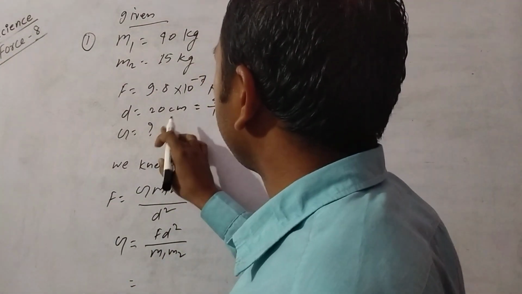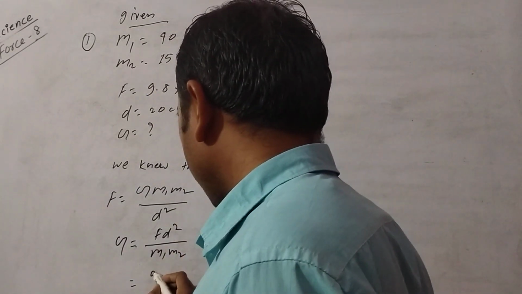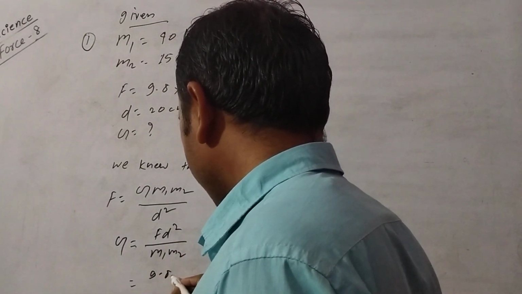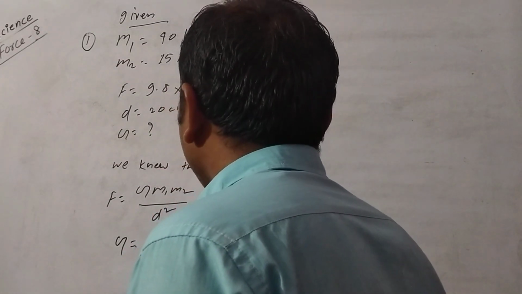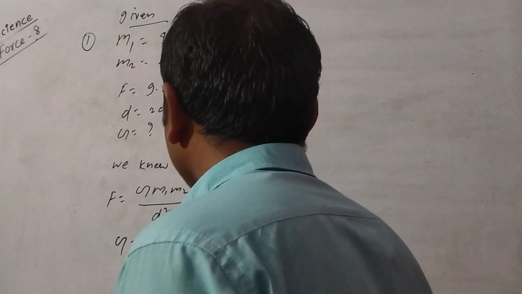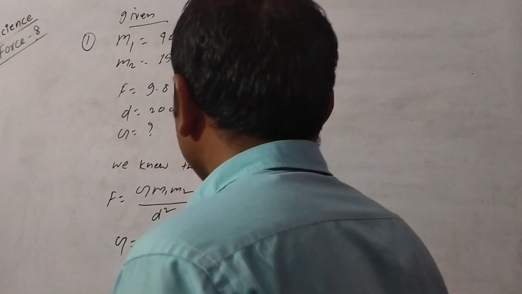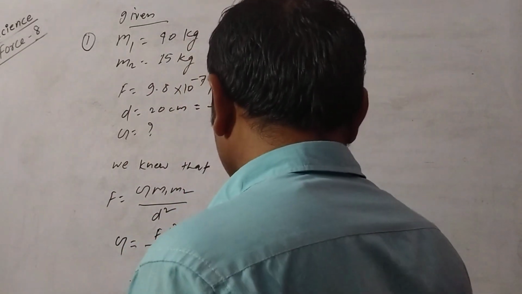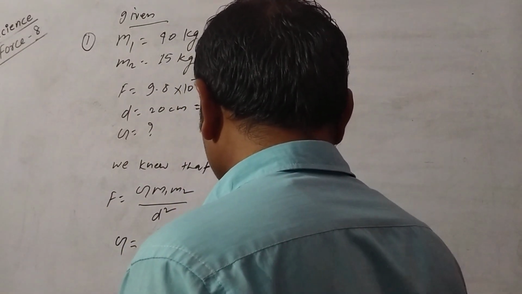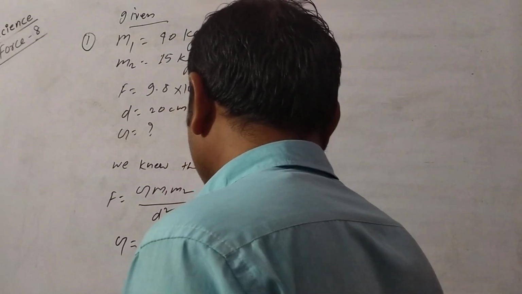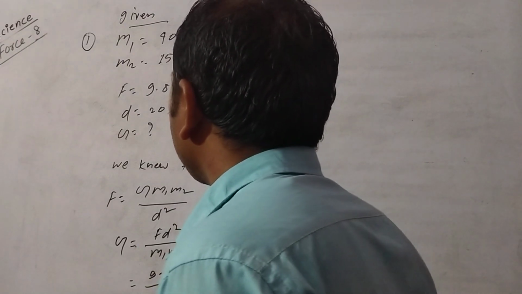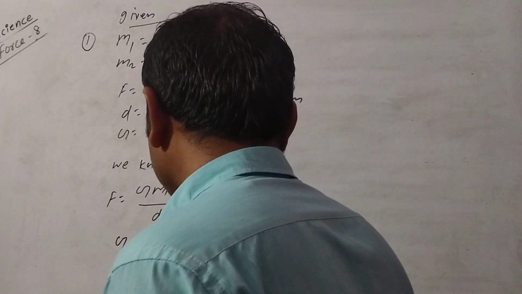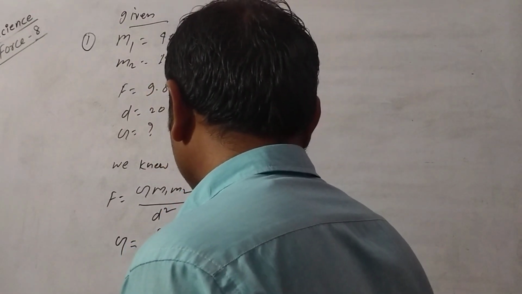By this formula we can calculate. I am going to write here: F means this much, 9.8 into 10 to the power minus 7, d square is 0.2 whole square, by m1 m2, m1 is 40 kg and m2 is 15 kg.